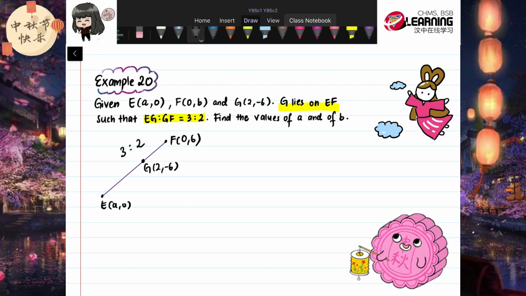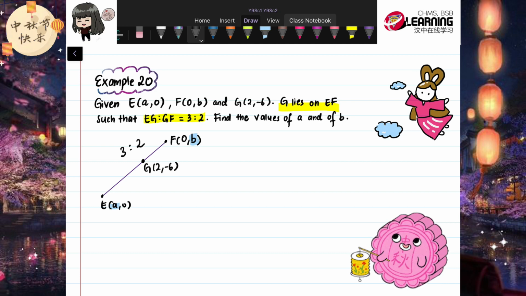Okay, this is from the question. Then find the values of A and of B. So we have unknowns here, which is your A and your B. So we're gonna find the values of A and of B.